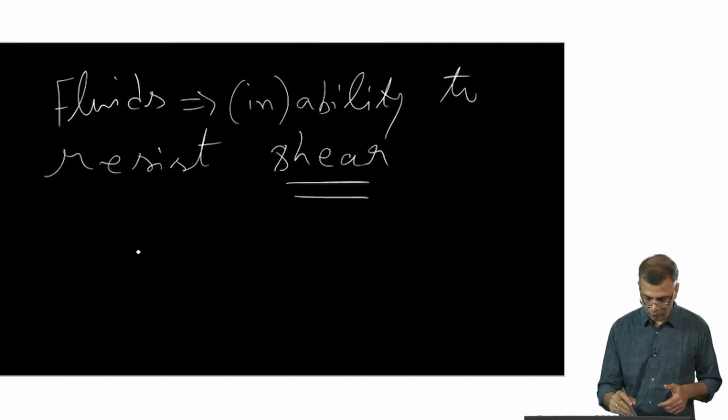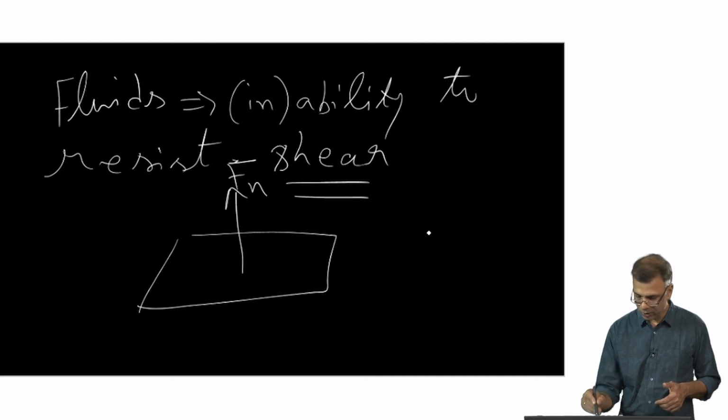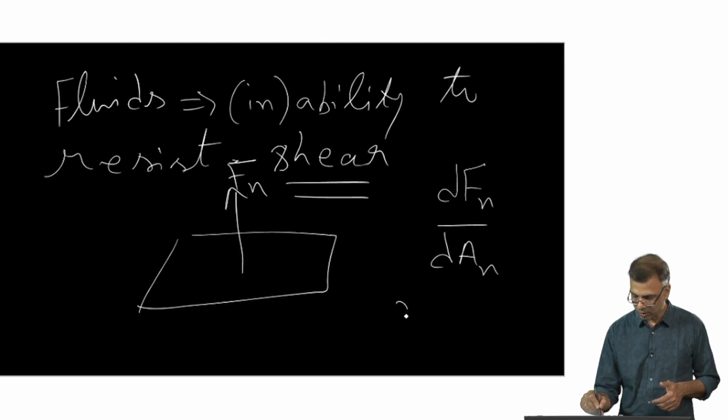So if you have an area element like this, this would be a normal force. So dFn over dAn, this would be a normal stress.